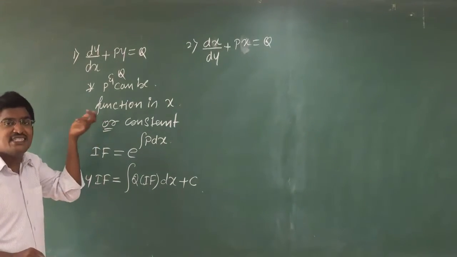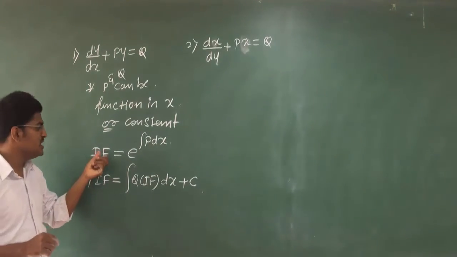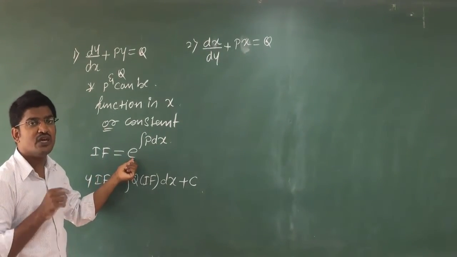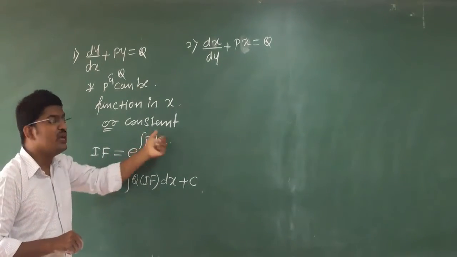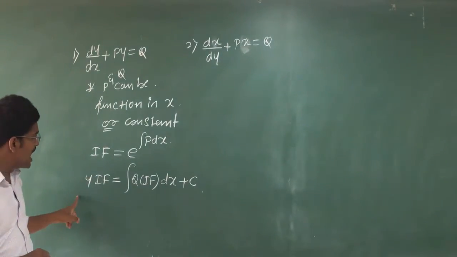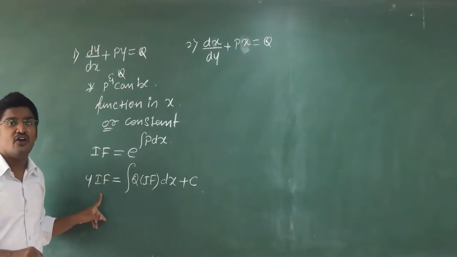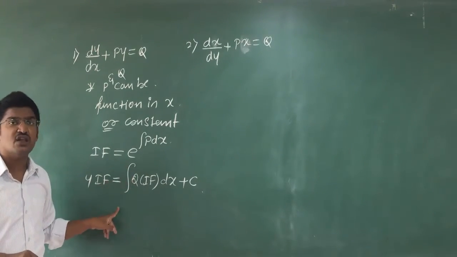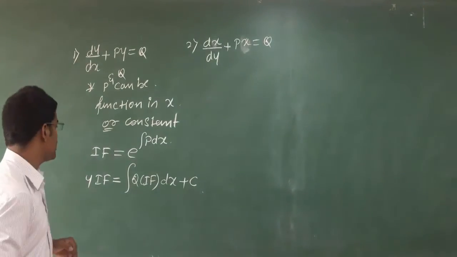So after finding that, the integrating factor is e to the power of integration of p with respect to dx. After calculating IF, you have to simplify the equation, that is y into IF equal to integration of q into IF dx plus c. Clear?